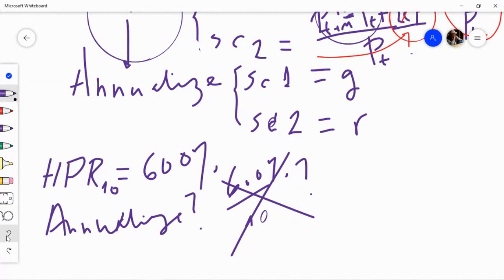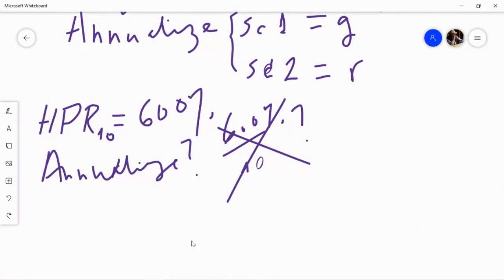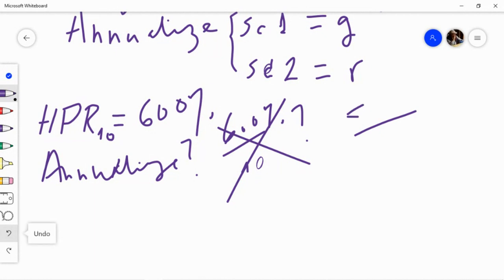No. Or do we annualize it by the sum of all the annual growth rates, where t runs from 1 through n, and divided by n? No.